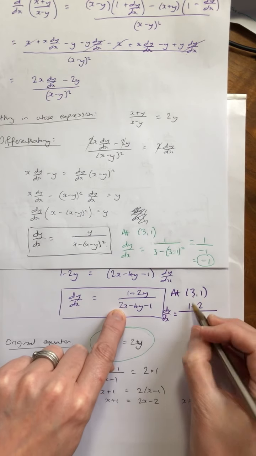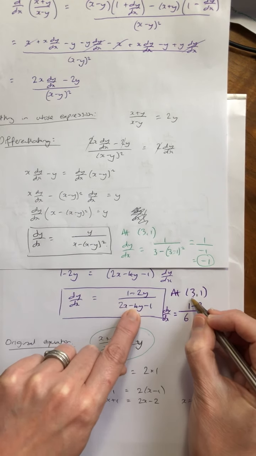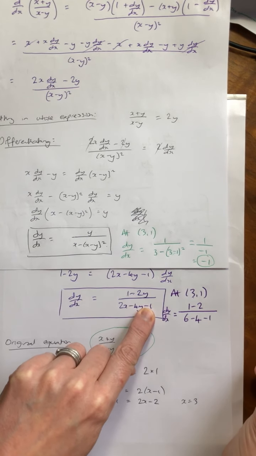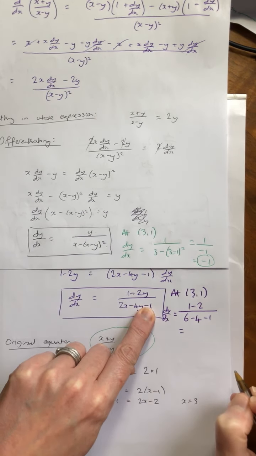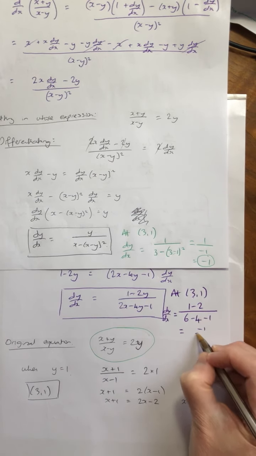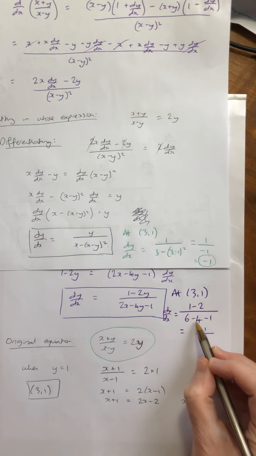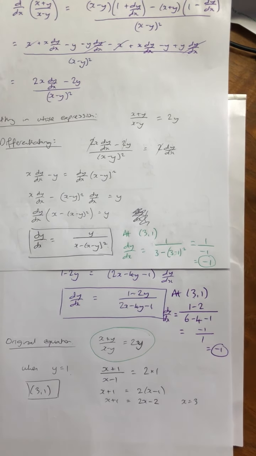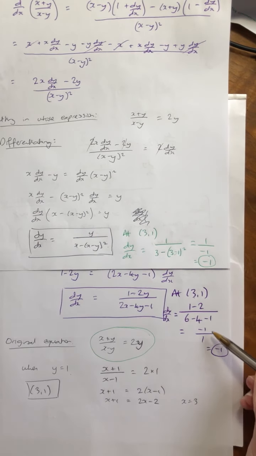And then on the denominator, I'm going to have 2x, that'll be 6, minus 4, minus 1. So I'll have a negative 1 on the top, and I will have 6 minus 4, that'll be a 1 on the bottom. Again, giving me that same answer. Okay, so hopefully that's enough to justify that it is the same expression.